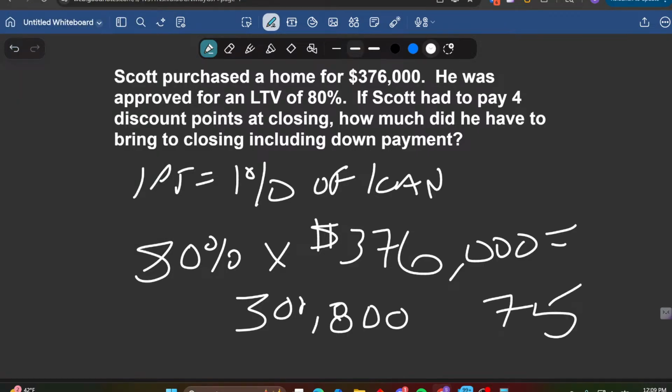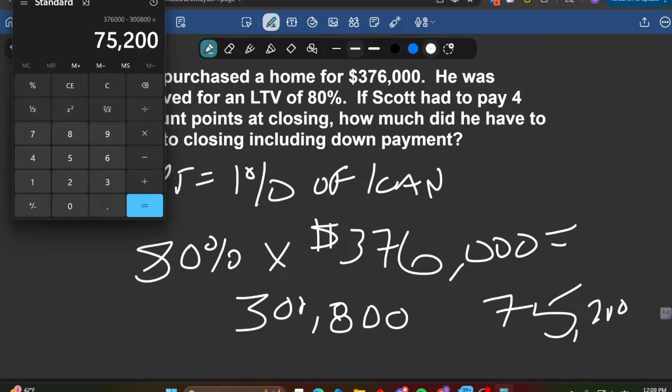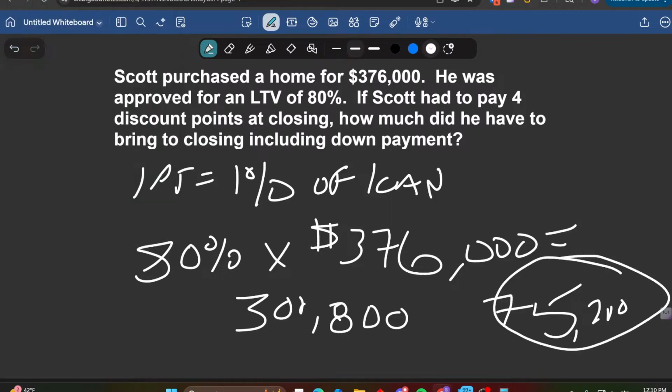75,200 is going to be the situation there. That is the down payment. But we still have to figure out how much I have to pay in discount points.